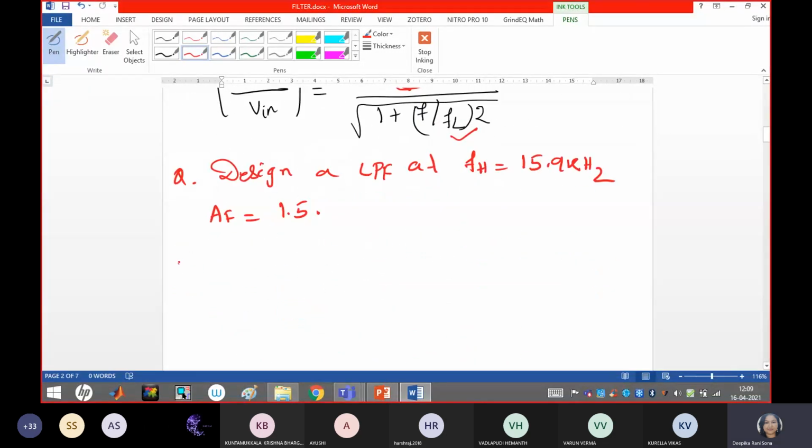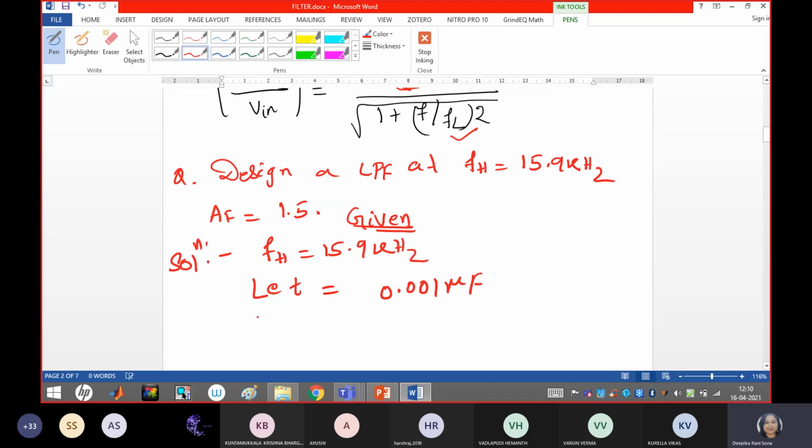So how is the solution for this? FH is 15.9 kilohertz, given data. Then let's consider the C value is 0.001 microfarad. Let's consider C is this one. So which data is unknown? R can be found out from which equation?